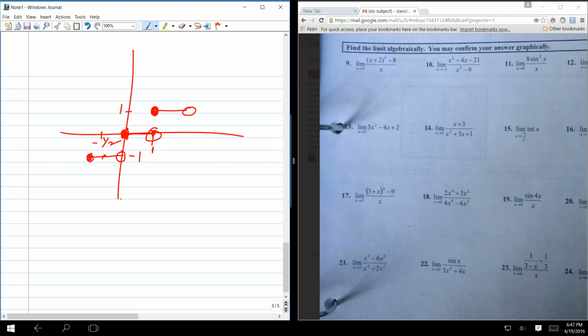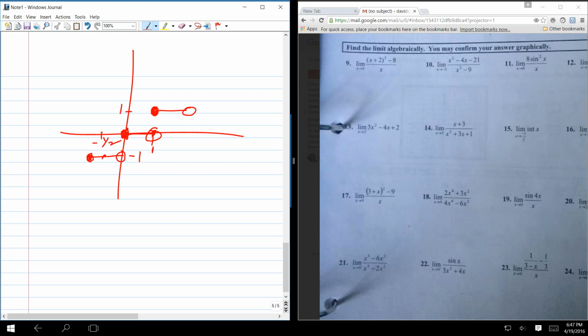So how would you prove that algebraically? Good question. Not sure. There's not really any way.